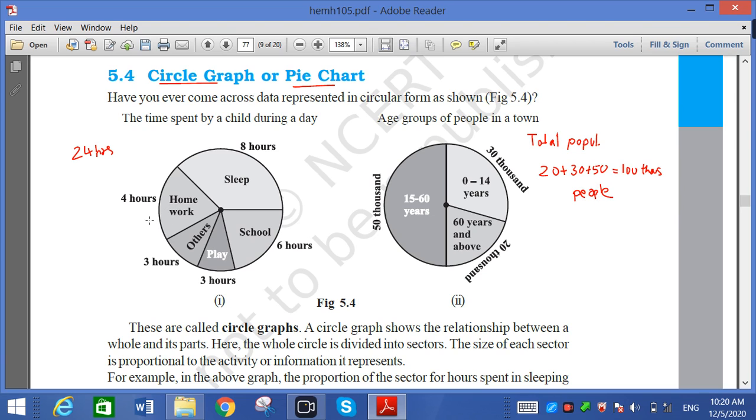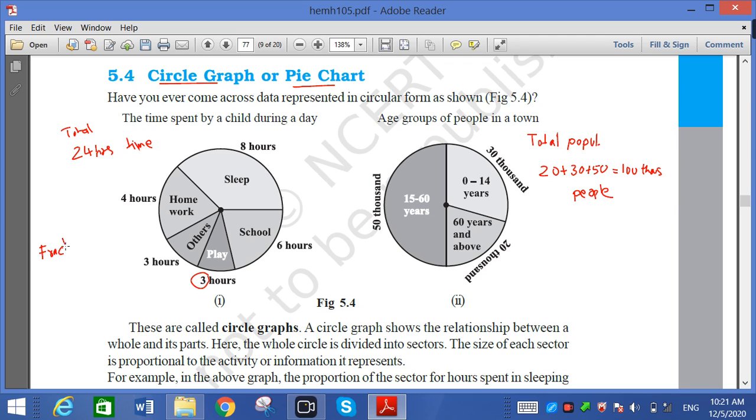Here, for the time spent by students, the total time is 24 hours. Now someone asks how many hours students play. We can say 3 hours. But for the fraction, what do we have to write?